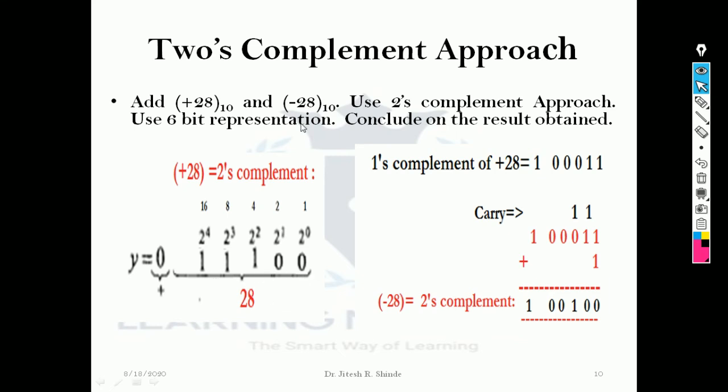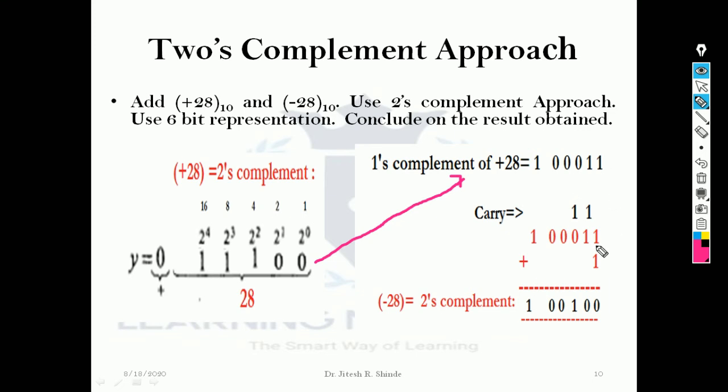Now minus 28, we need to find using the 2's complement approach. Here we had obtained plus 28. The 1's complement of plus 28 we get here as 1 0 0 0 1 1. Now we need to add 1 to this.